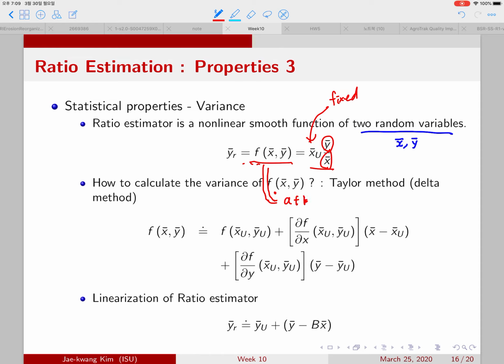So something like this. So this is linear, right? So once you do that, then we know how to compute the variance of this, right? So that is the idea. So this operation is a linearization.